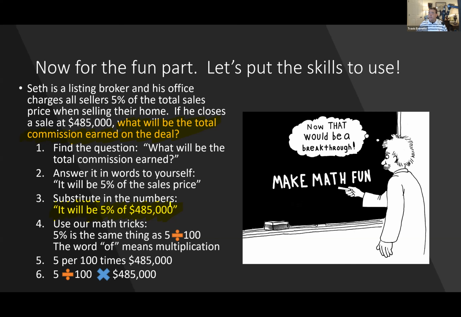5%, how are we going to type that into our calculator? 5 divided by 100, there's your 5%, of, multiplication, $485,000.